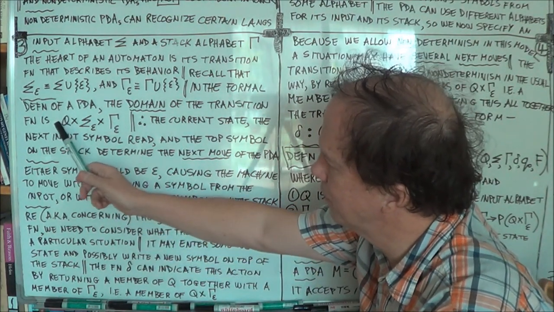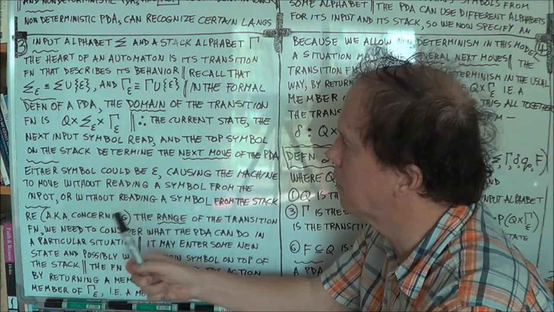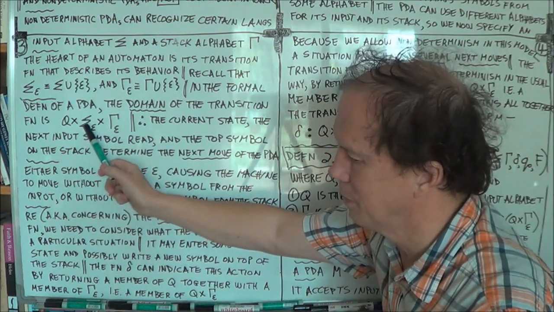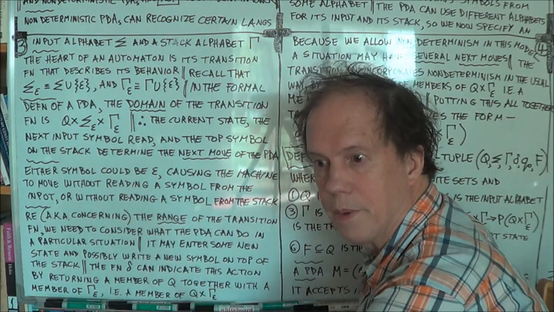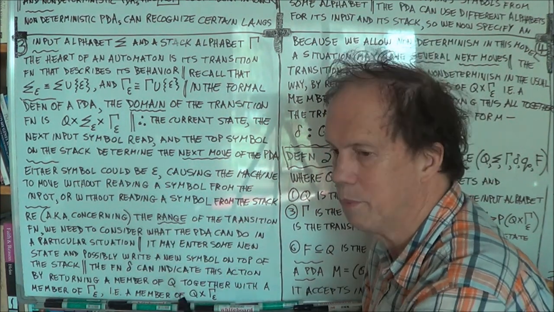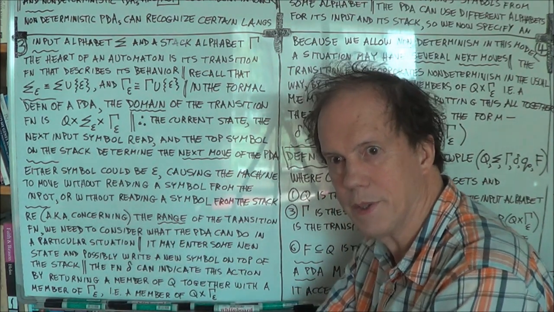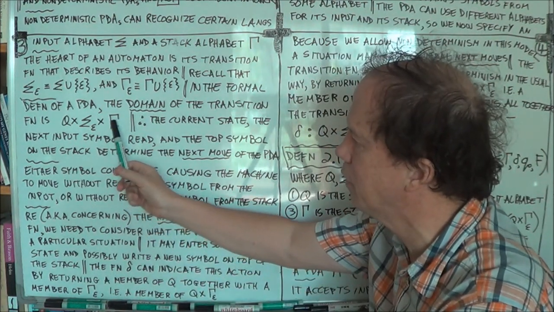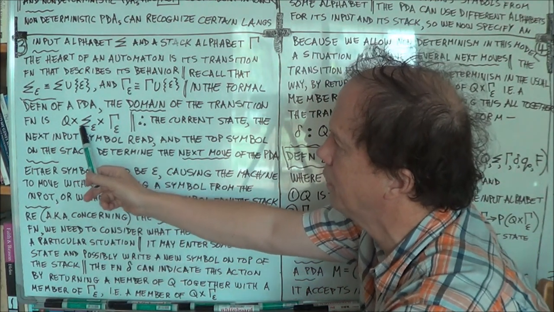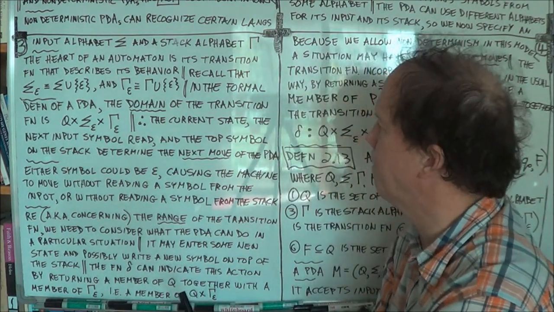And the state will belong to the set of states, Q. The current input symbol will be a member of your symbols for the input string, so capital sigma, and the third one will be a member of your set of symbols for the stack, the stack alphabet, modified by the epsilon. Similarly here, the second one will be a member of the input alphabet.